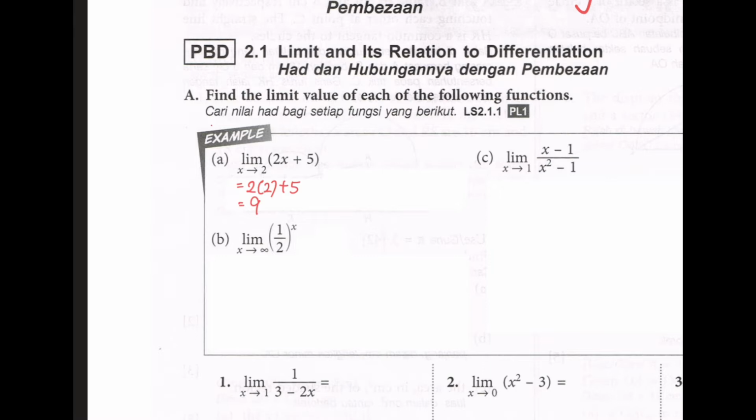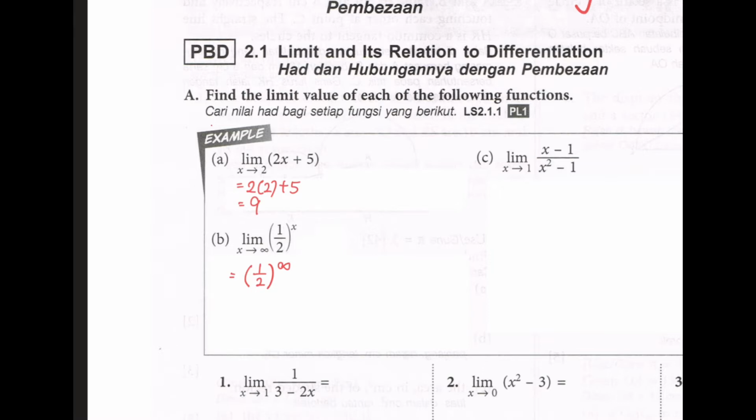Now B. x approaches infinity. Infinity means a very big value. So you put a very big value here: 1 over 2 to the power of infinity. Maybe you don't know what value that is. Of course, you can just try with your calculator.